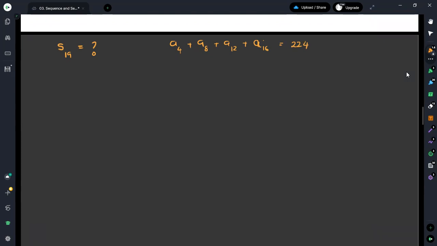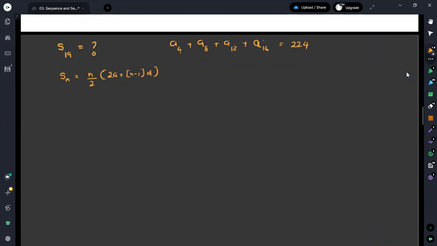This is the information they have provided us, and we are asked to find out the value of S19. If we are having n number of terms in the arithmetic progression, we know that the summation can be obtained by the equation n divided by 2 times 2a plus n minus 1 times d. Using this equation, we are able to obtain the summation of the first n number of terms.